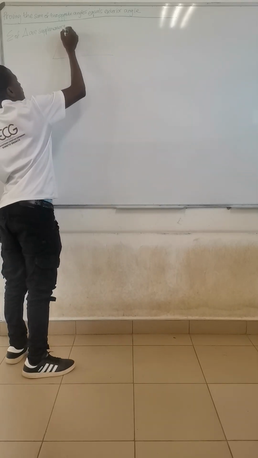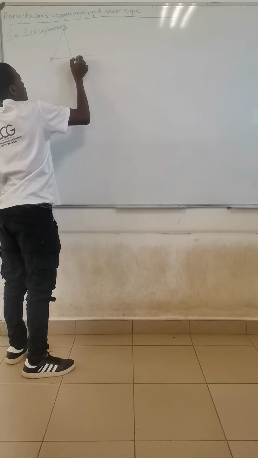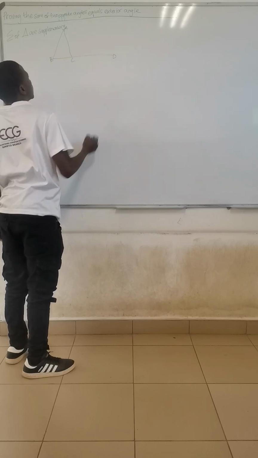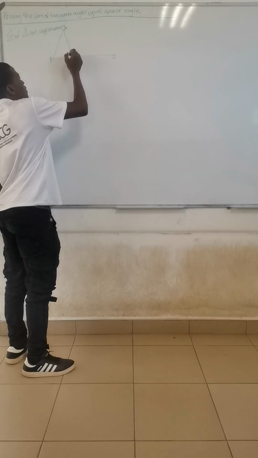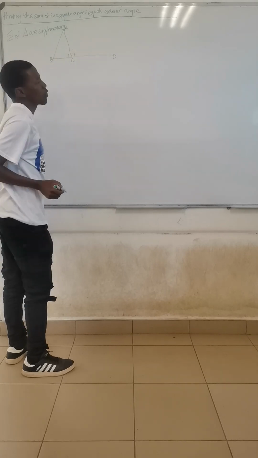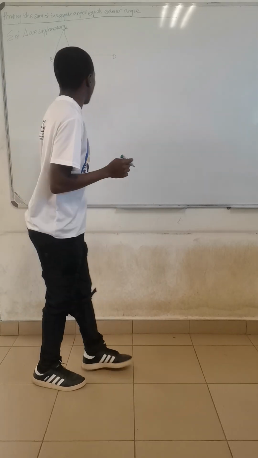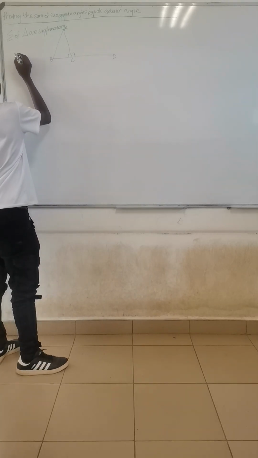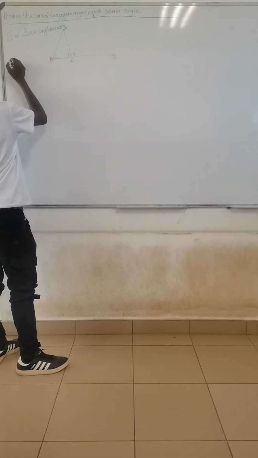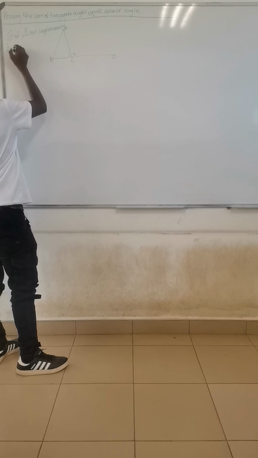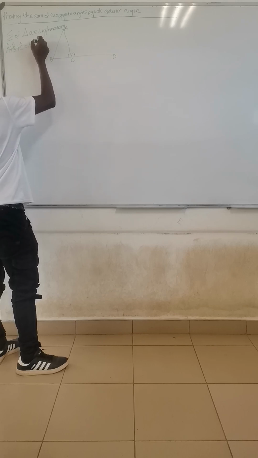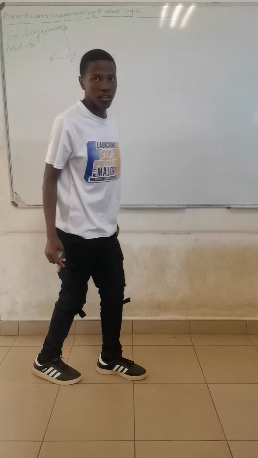Let's say this is A, this is B, this is C, this is D. Let's say we have C1 and C2. So remember that angle A plus angle B plus angle C are equal to 180. This is the reason that I'm talking about.